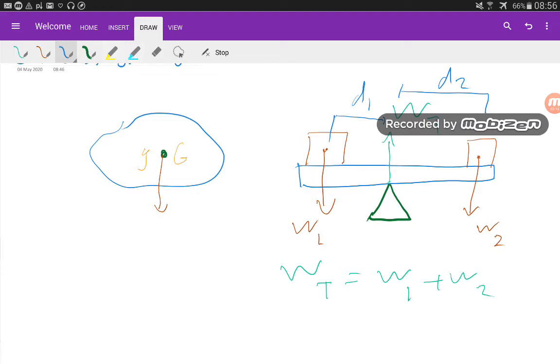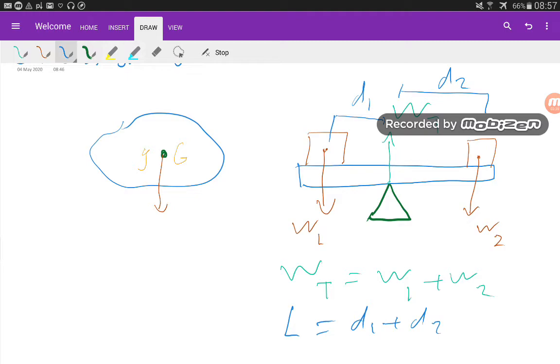So the total length of our object will be D1 plus D2. To find where the center of gravity or pivot point is, the object must be dynamically stable.